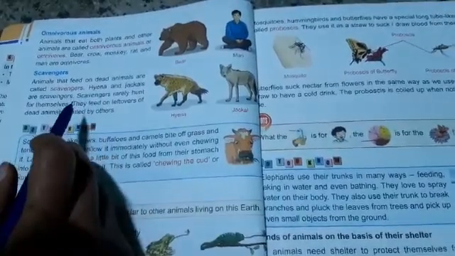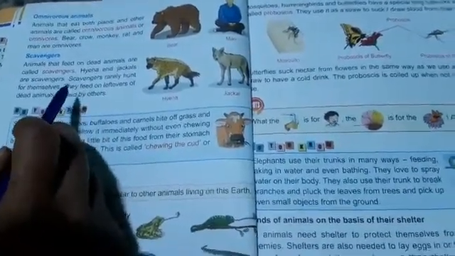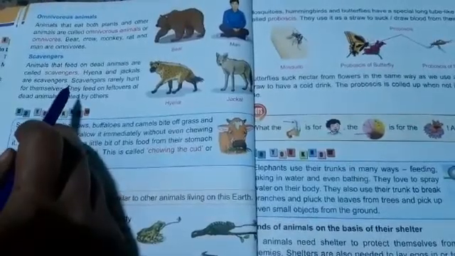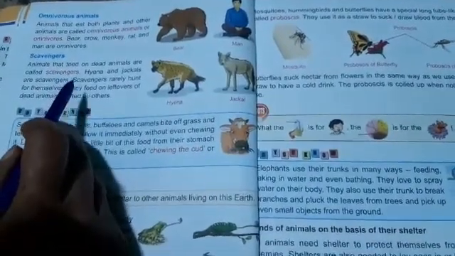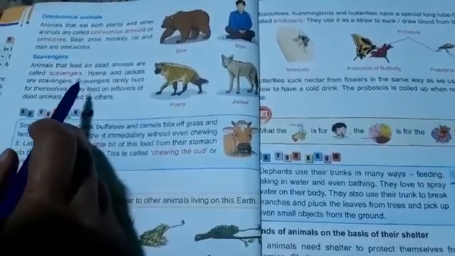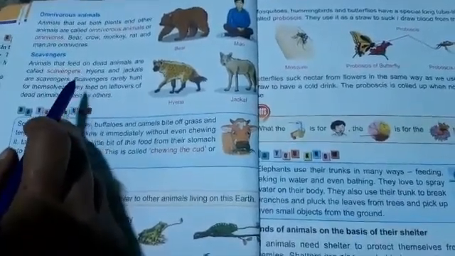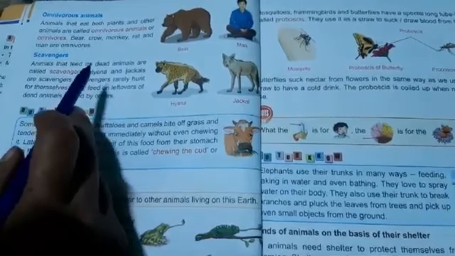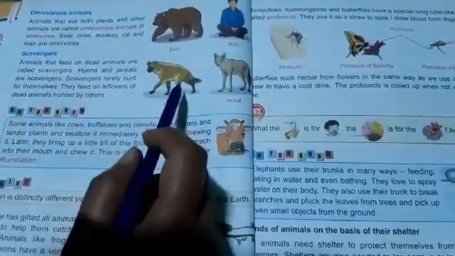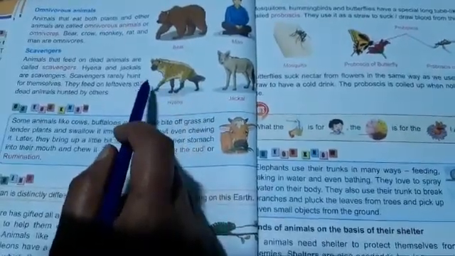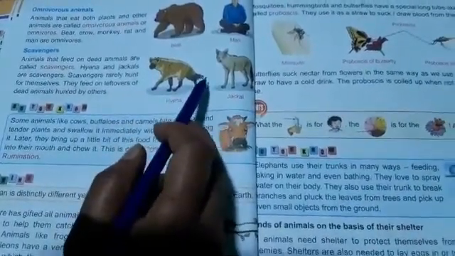For example, a tiger hunts animals for food. Whatever remains of the dead body after the tiger or the lion has eaten is eaten by the hyena or jackal.